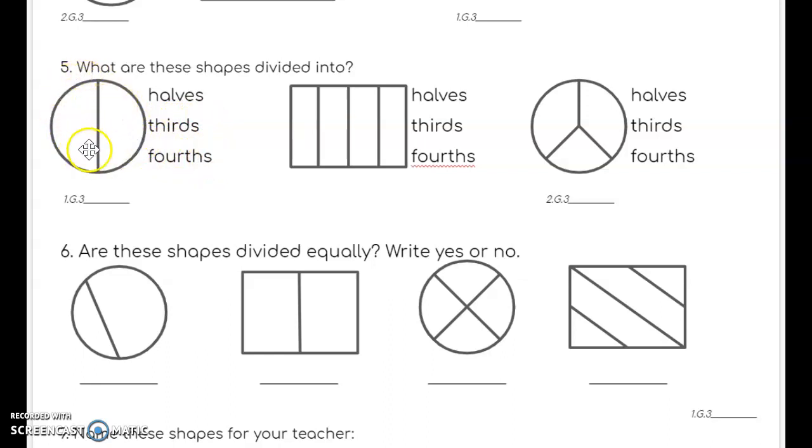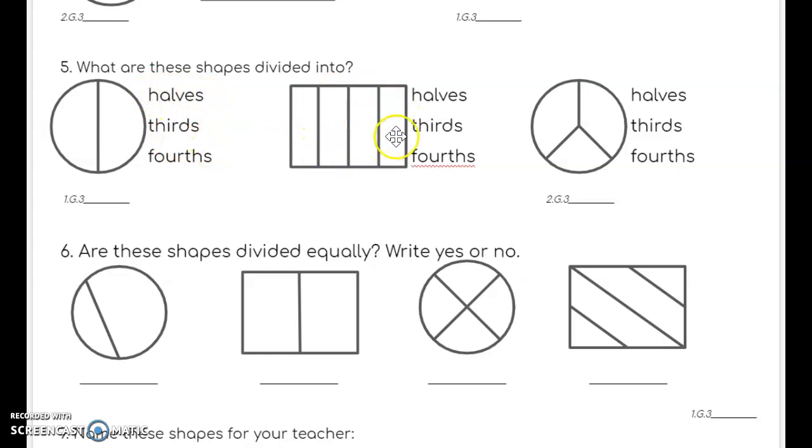Look at this shape, and you're telling me what is it divided into? Halves, thirds, fourths. Make sure you're circling the right one. Look at that beginning sound and look at the whole word to see that that's the one that you want.